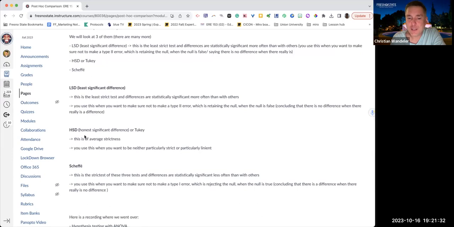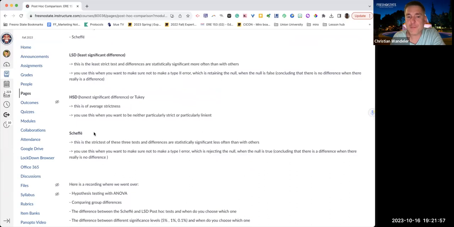The HSD is the test with average strictness. Sometimes it's also called the Tukey test. Tukey was a statistician who developed this test. So this one you can use when you don't want to be particularly strict or particularly lenient. And then the Scheffe, which again is the last name of a statistician, is the strictest of the 3 tests.